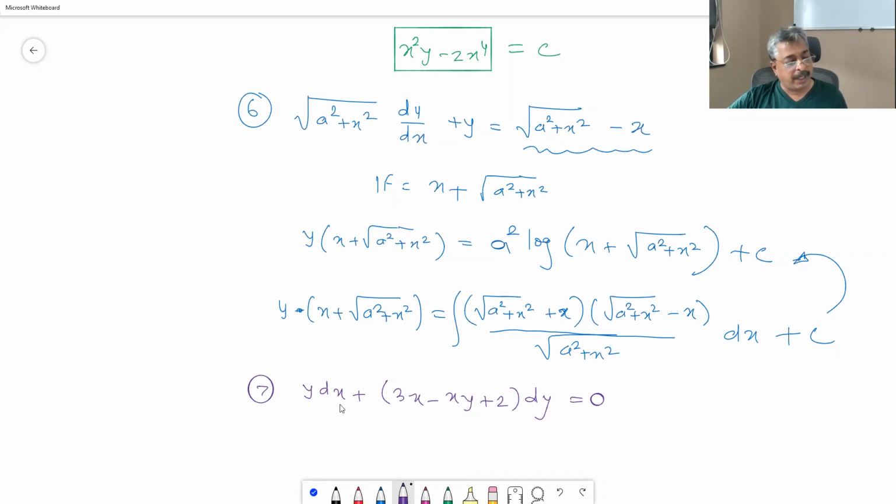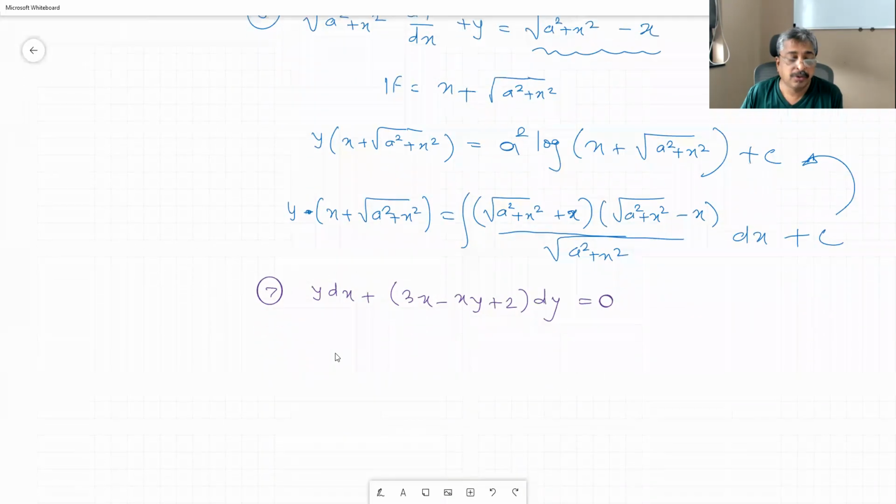Okay, last problem in FOLD. y dx plus 3x minus xy plus 2 dy is equal to 0. Let me write down the solution.